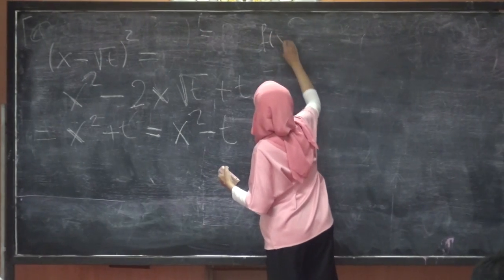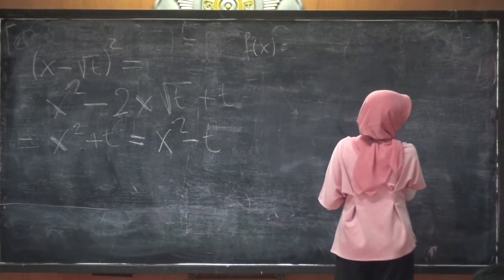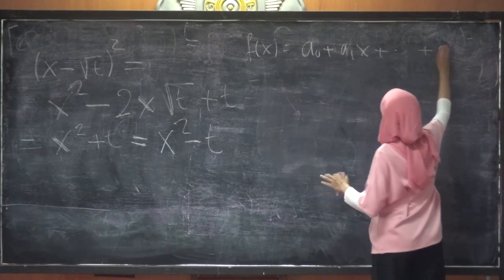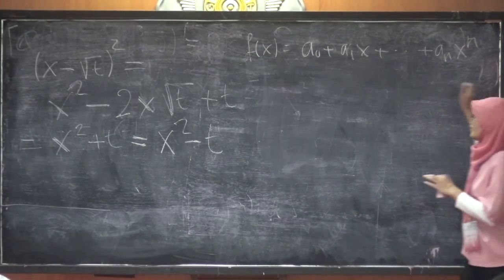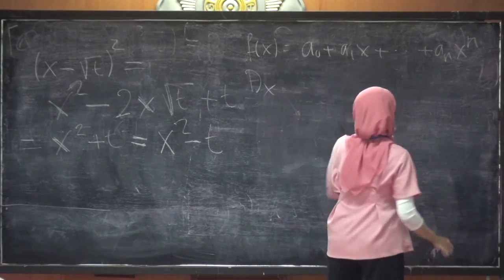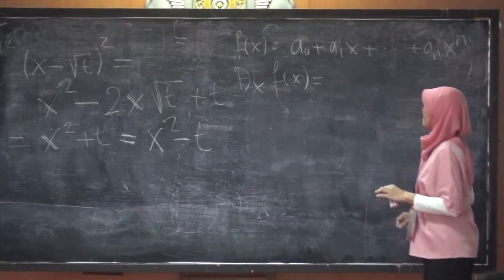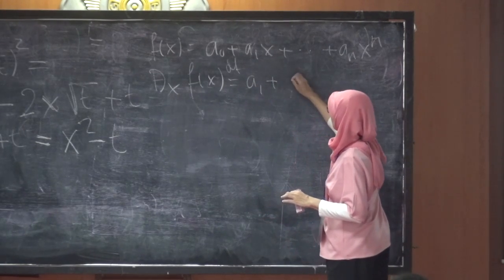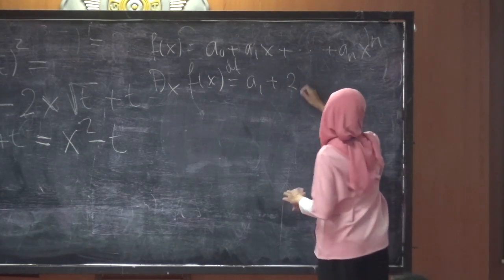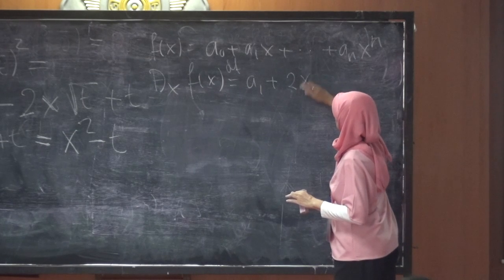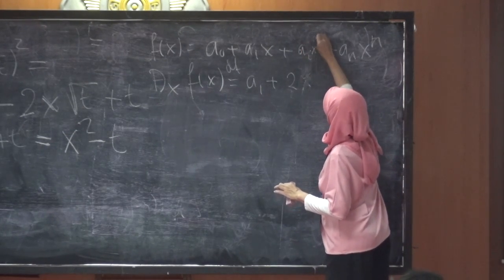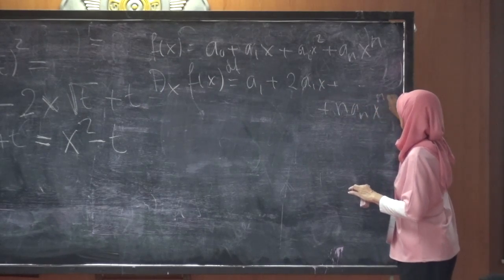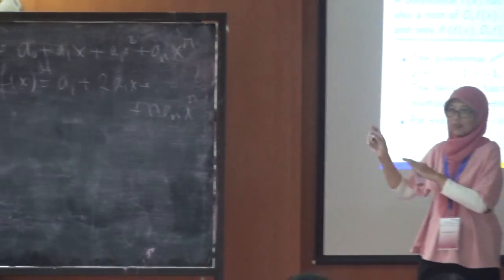Suppose this polynomial. What the derivative means is d/dx of f(x) we define as this, with A1. It is like a normal derivative, yeah, but we define it not by limit but by definition.